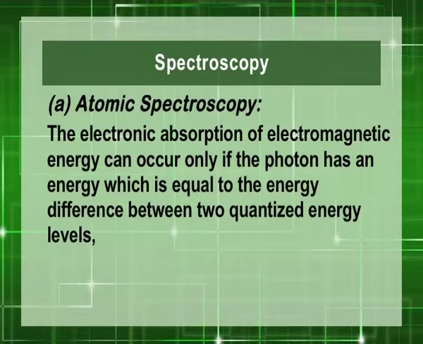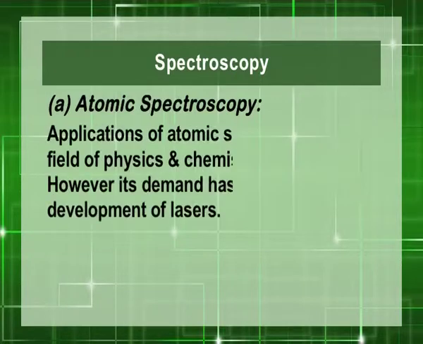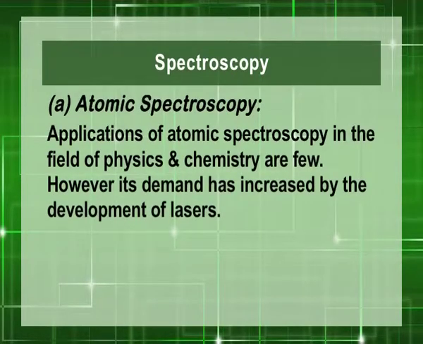The electronic absorption of electromagnetic energy can occur only if the photon has an energy equal to the energy difference between two quantized energy levels, that is delta E equals h nu, where delta E is the energy difference between two levels and nu is the frequency of the photon which can result in the electronic excitation.